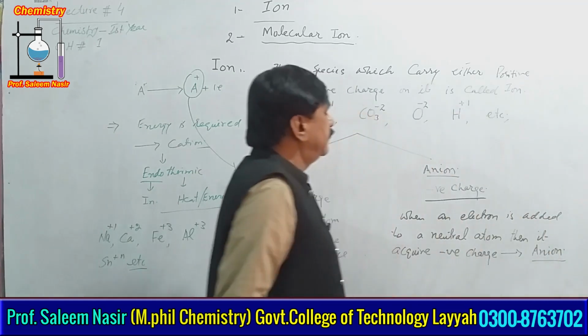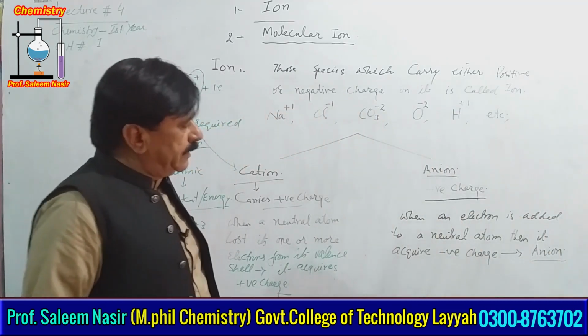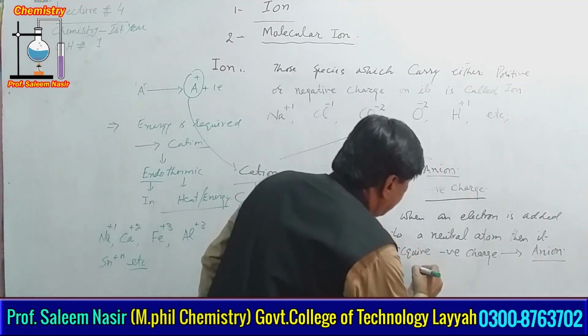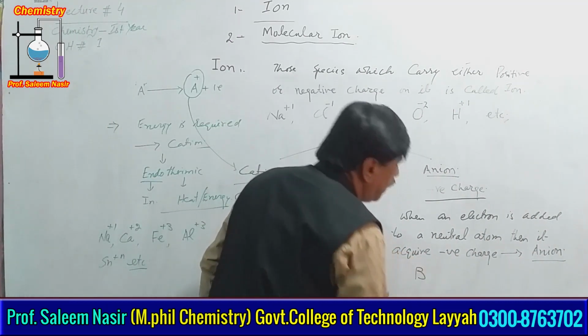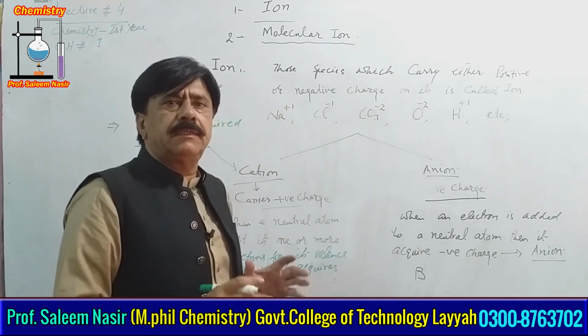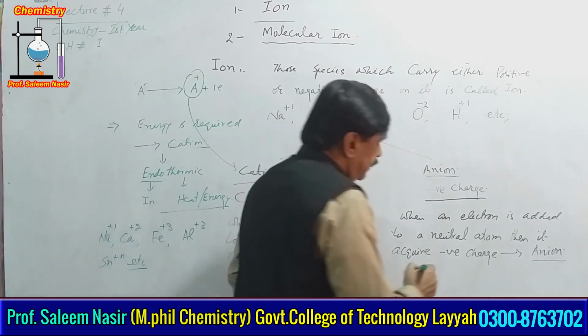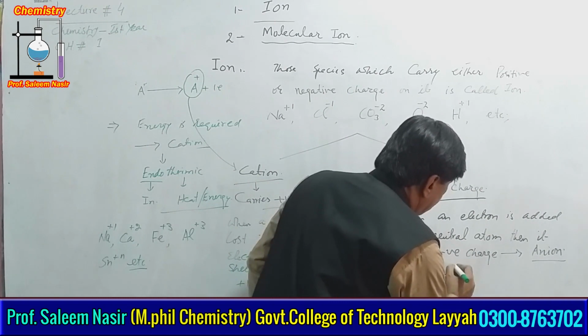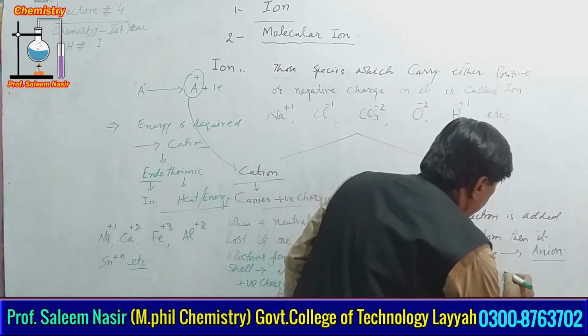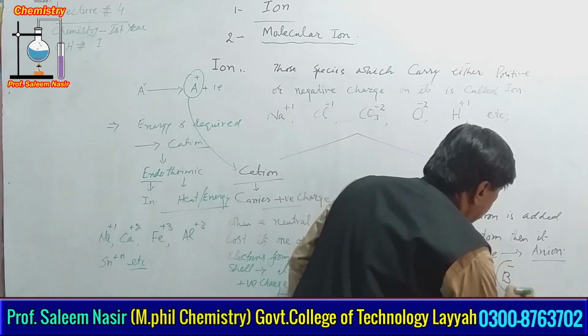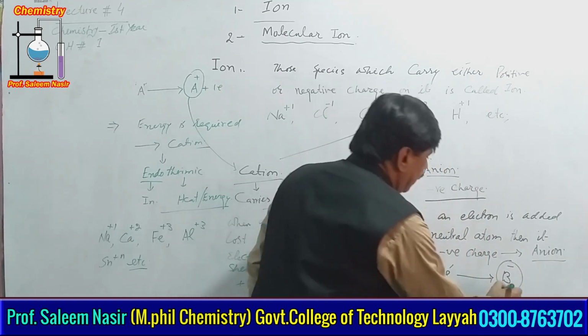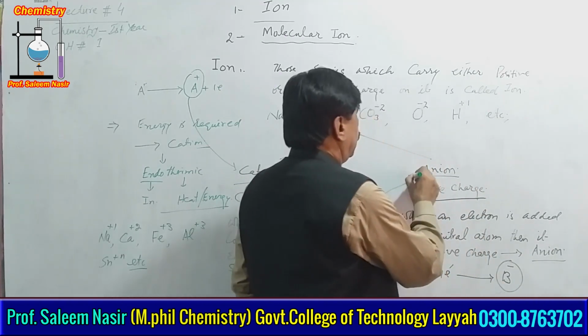For example, if we consider a common example, B is a supposed atom. When an electron is added to it, it acquires the negative charge, and this species is called the anion.